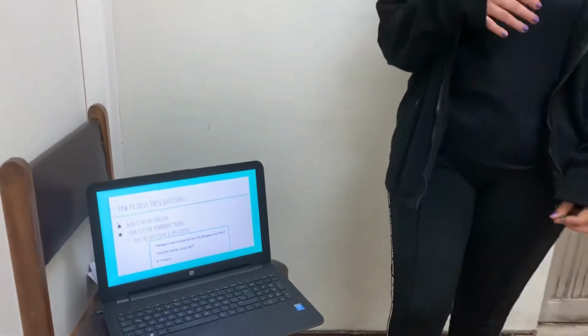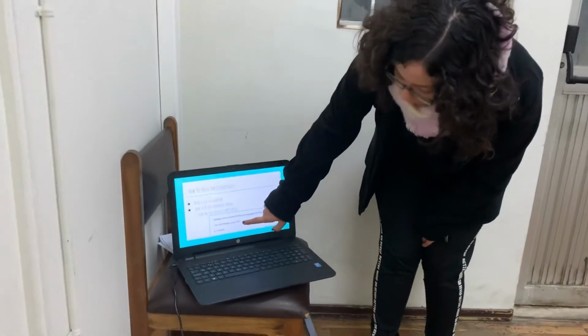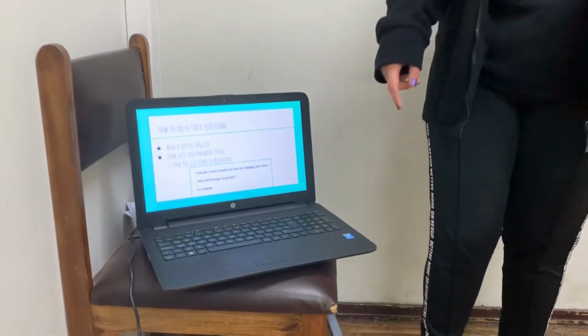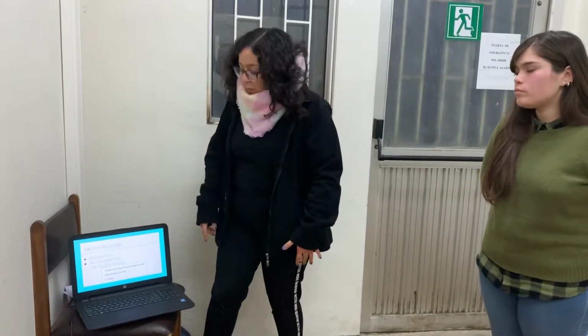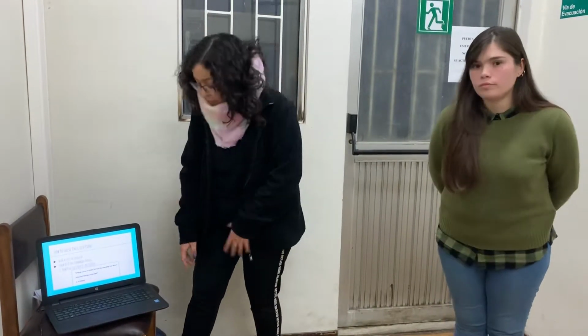That is what is supposed to appear in the text. And then the question is, how did George Lucas feel? And one of the answers is irritated. In this case, we should know that this is not the correct answer because the text said that George Lucas irritated his fans, not that he was irritated.